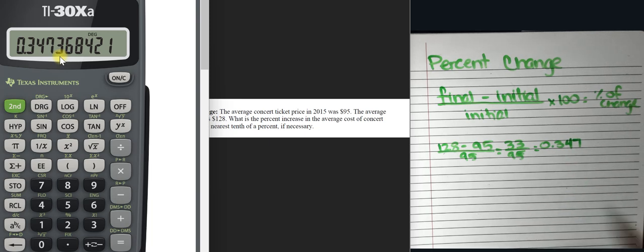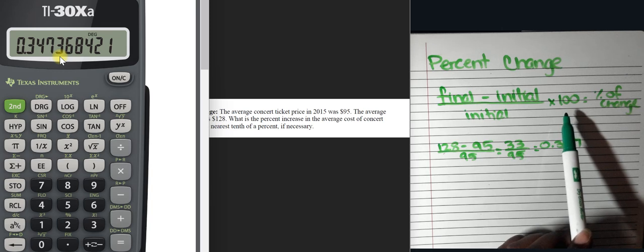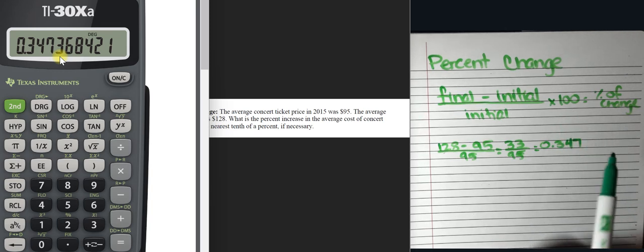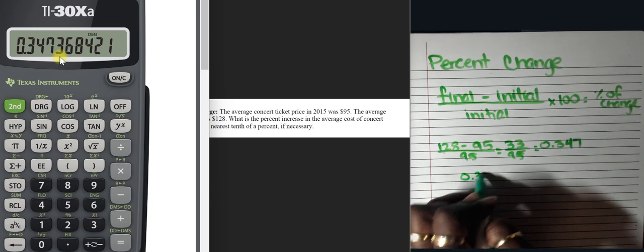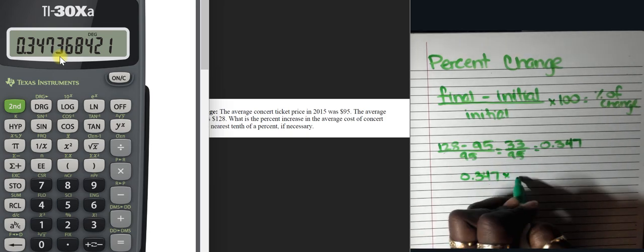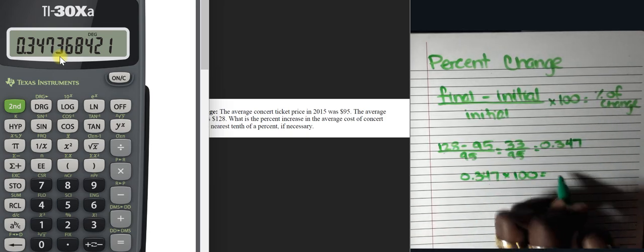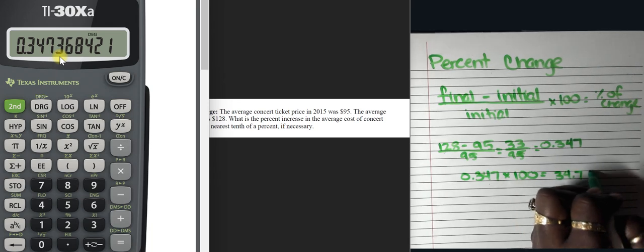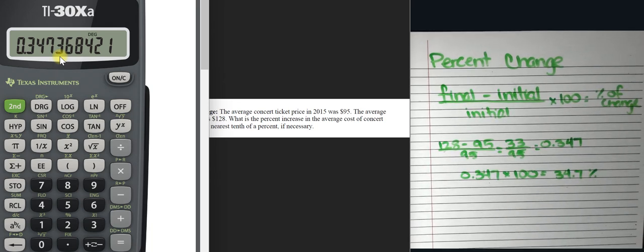All right. So how do I represent this as a percent? Well, there's a couple ways. You could either do like it tells us to in the formula, and multiply this by 100. So 0.347, if you plug in times 100, that is going to give you 34.7. Make sure that you add your percent. This just lets us know that we've shifted our decimal two places.